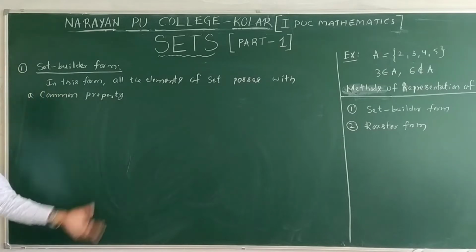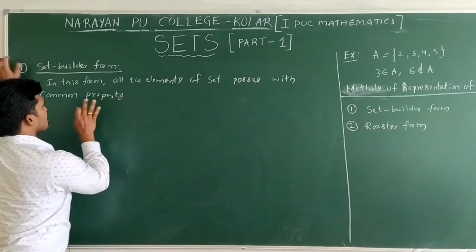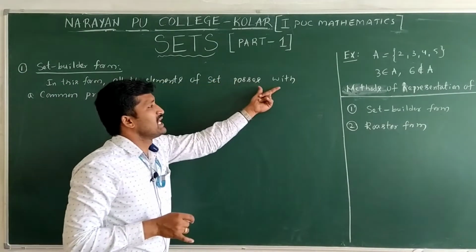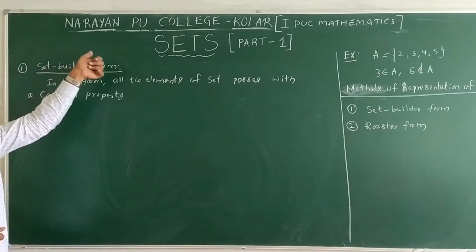That formula will give all the elements of the set. Okay. Now this is a simple definition of set builder form. All the elements of set possessing a common property is called a set builder form.